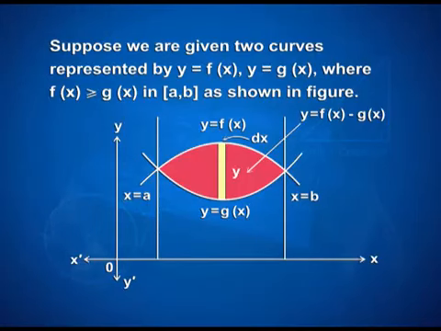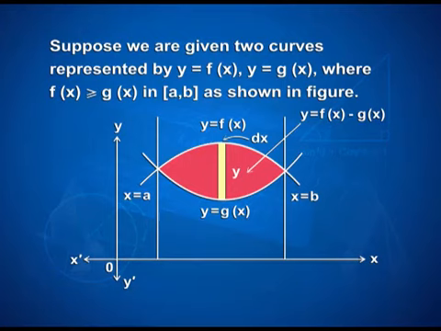Suppose we are given two curves represented by y is equal to f of x and y is equal to g of x, where f of x is greater than or equal to g of x in the closed interval a b as shown in the figure.